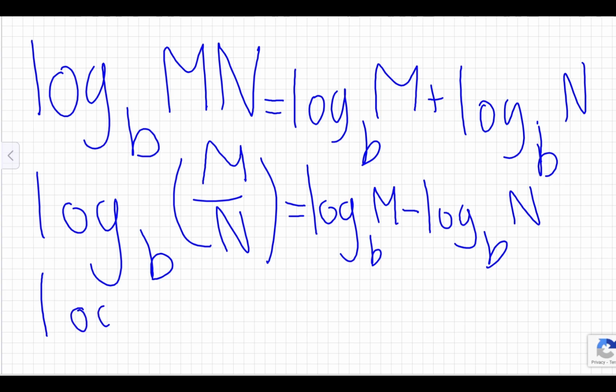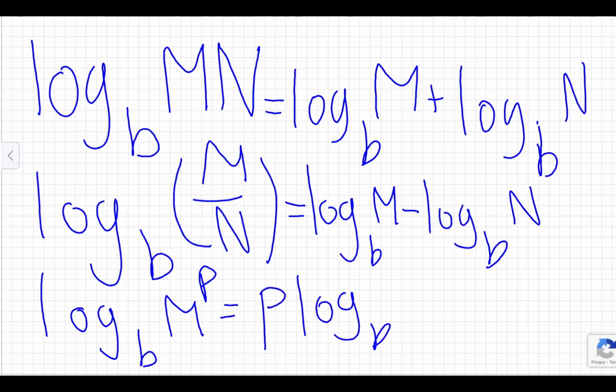If your answer is raised to an exponent, we would write the exponent first, then the log, then the base, and then the actual answer. This right here is the power rule. This right here is the quotient rule, and this right here is the product rule for logarithms.